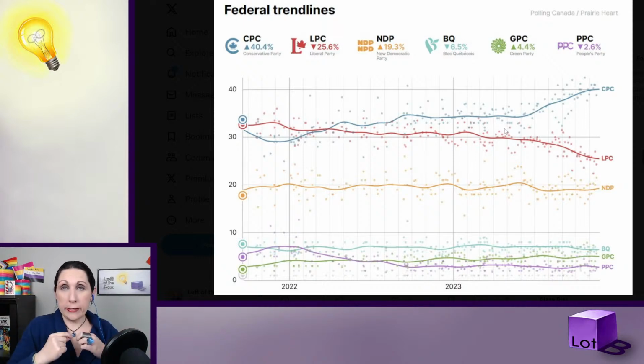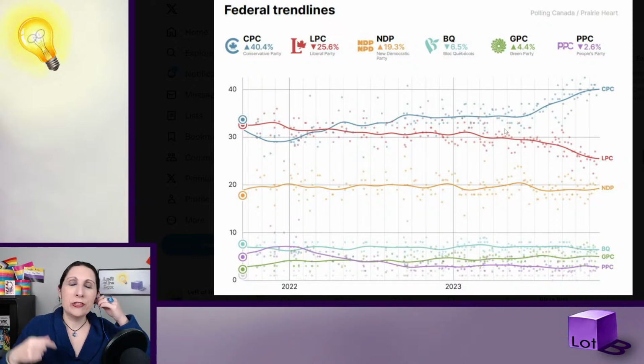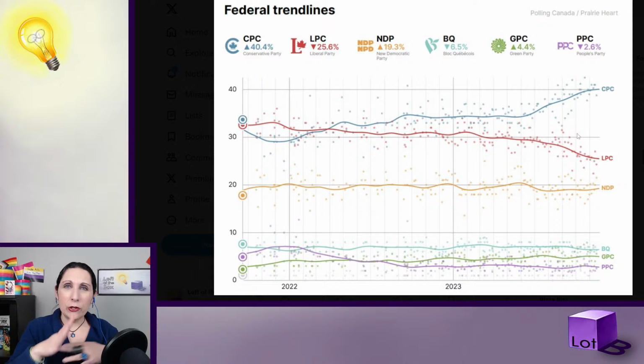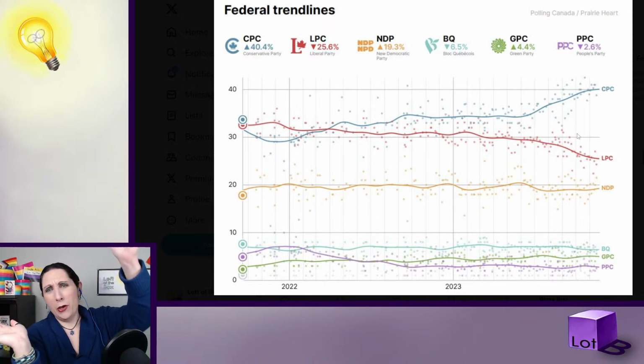However, our conservatives are blue and our liberals are red, which is the opposite of you guys, which confuses the hell out of me as someone who's dyslexic. So when you see this line go down, that's the liberals' line going down. And when you see the blue line going up, that's the conservative line going up. And it looks kind of like people are fleeing the liberals to go to the conservatives.